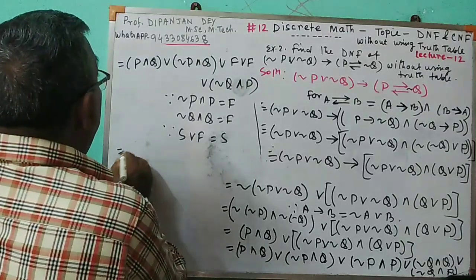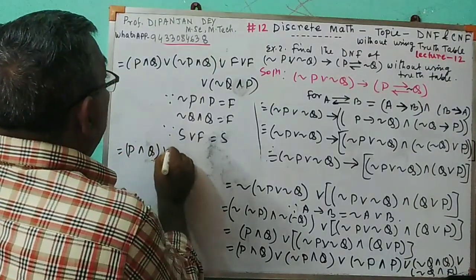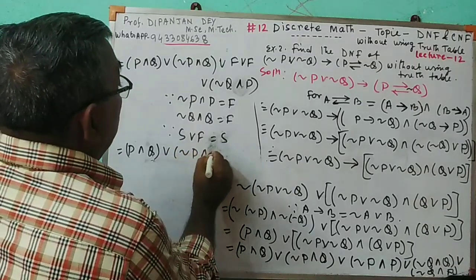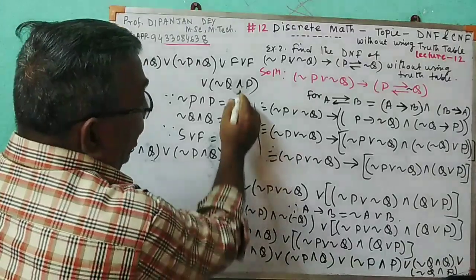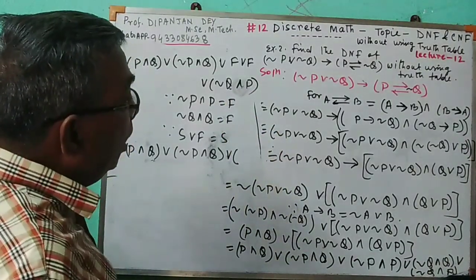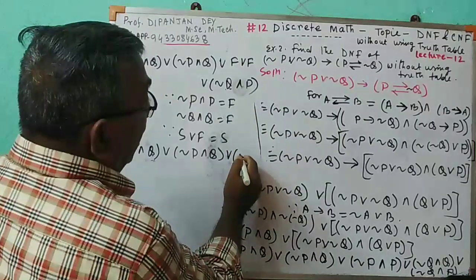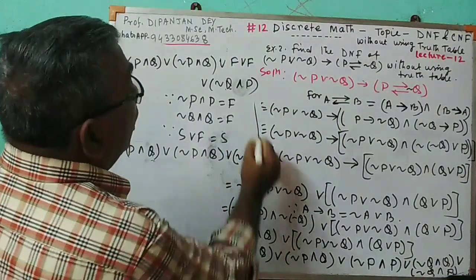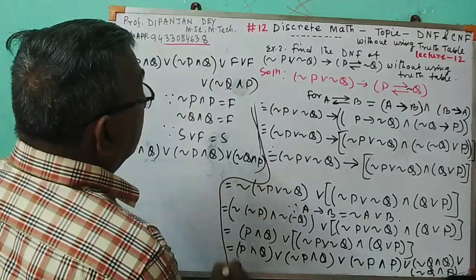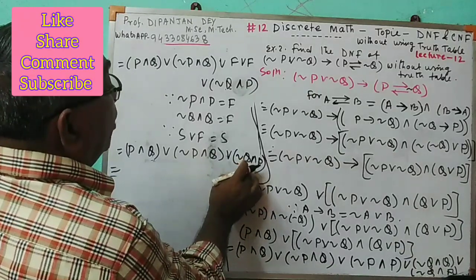So we can write P conjunction Q, disjunction negation P conjunction Q, and disjunction negation Q conjunction P. And here I am applying which formula? Commutative property. Now we can apply commutative property.